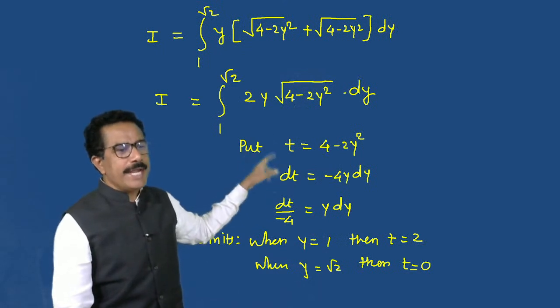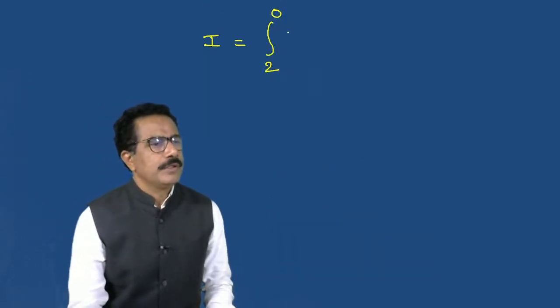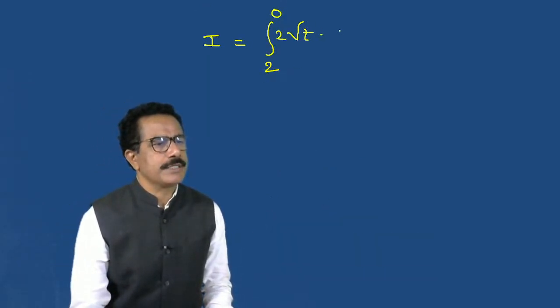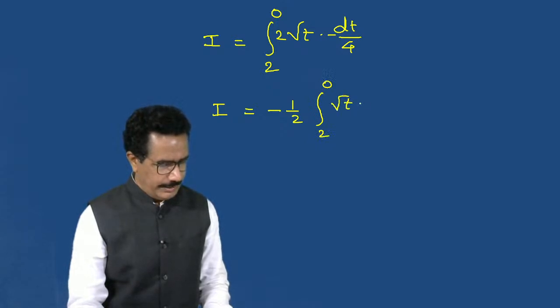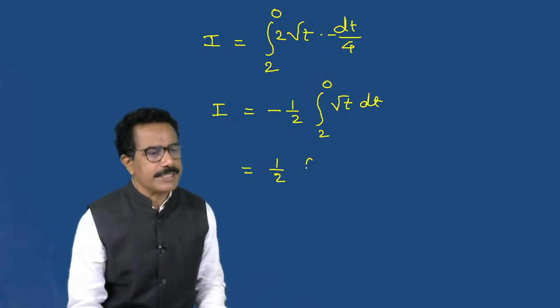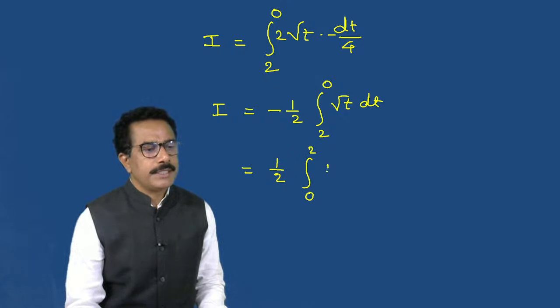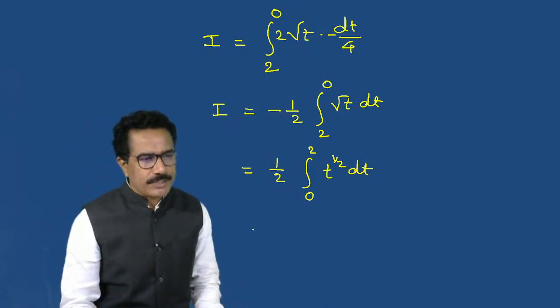Now 2 times y dy, we can replace it by dt upon −4, times √t. So I is equal to −1/2 integral from 2 to 0 of √t dt. Now by the property of definite integral we can change the limits to 0 to 2 of t^(1/2) dt. Remove the minus and interchange the limits. Now what is the integration of t^(1/2)?